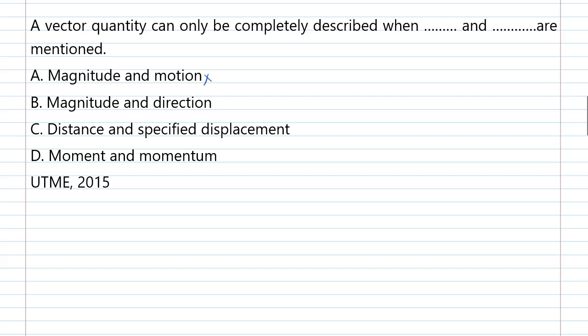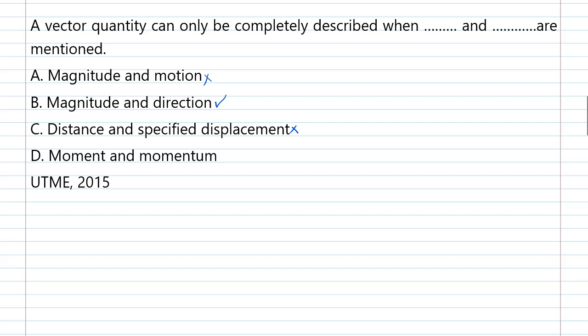This doesn't make sense. Magnitude and direction matches what we've mentioned. Distance and specified displacement also doesn't make sense because this is very specific. You are not asked about the different types of quantities that come under vector quantity. You are asked for the general definition of a vector quantity.